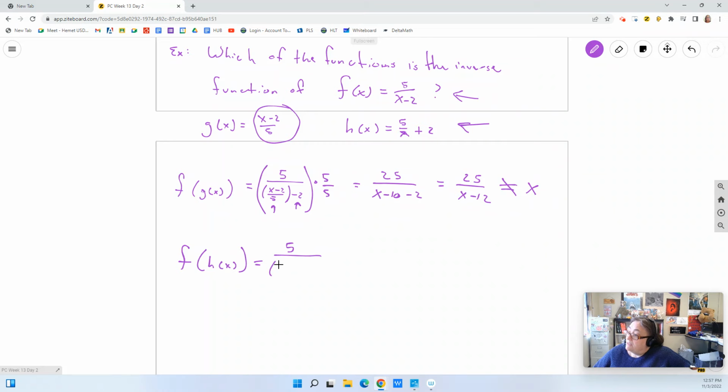It's going to be 5 over x plus 2, minus 2. Is that ugly? Heck yeah, man. I don't even know where to start with that. Do you guys know where to start with that? Any clues as to where to start with that?